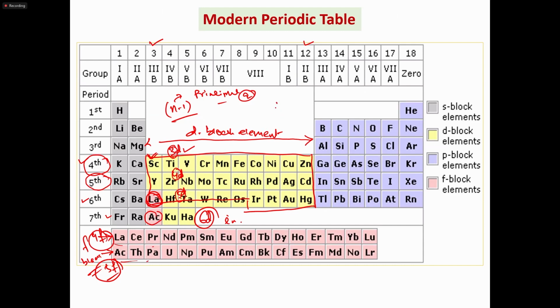If you see scandium, this is 3d1, titanium is 3d2, and similarly if you go to zinc, this is 3d10. Progressively, the atomic numbers are 21, 22, 23, 24, 25, and as the atomic number increases, the last electron goes into the d orbitals. Similarly, we can say the same for the 4d series and the 5d series.